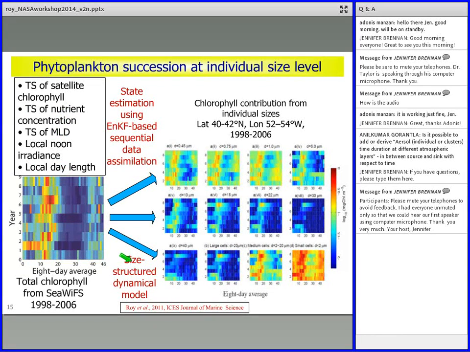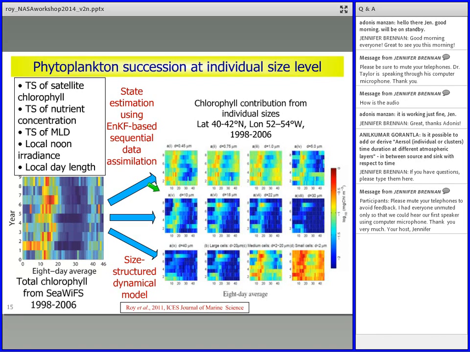And then we developed a size-structured dynamical model. This model is different and new because the parameters of this model are explicitly determined by the cell size of phytoplankton. Then we implemented, again, a data assimilation algorithm. In this case, we used a sequential data assimilation to assimilate all these variables in the model.